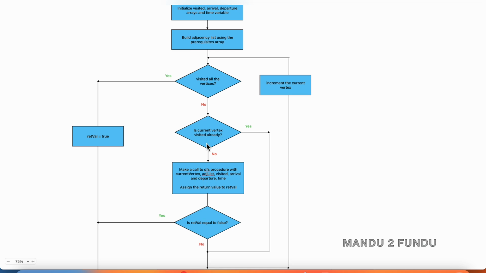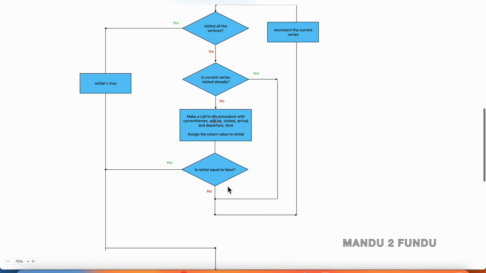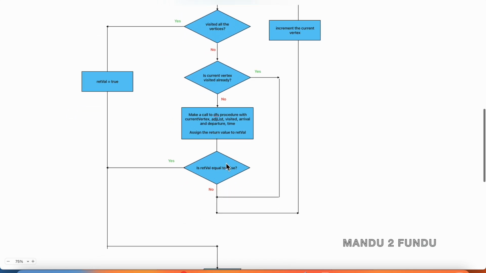Otherwise, we make a recursive call to the DFS procedure to process that current node. We pass the adjacency list, visited array, arrival array, departure array and the address of the current timestamp. When it returns, we assign that return value to the retval variable, and we check whether the retval is false.